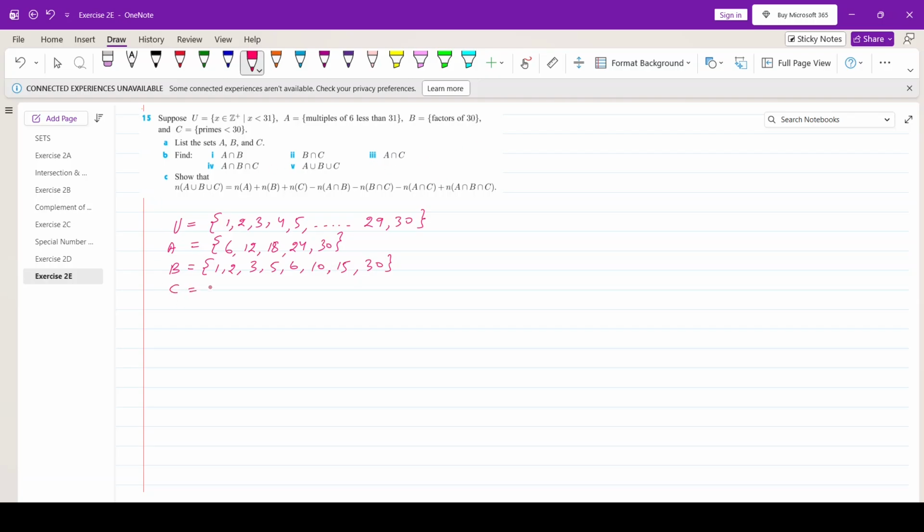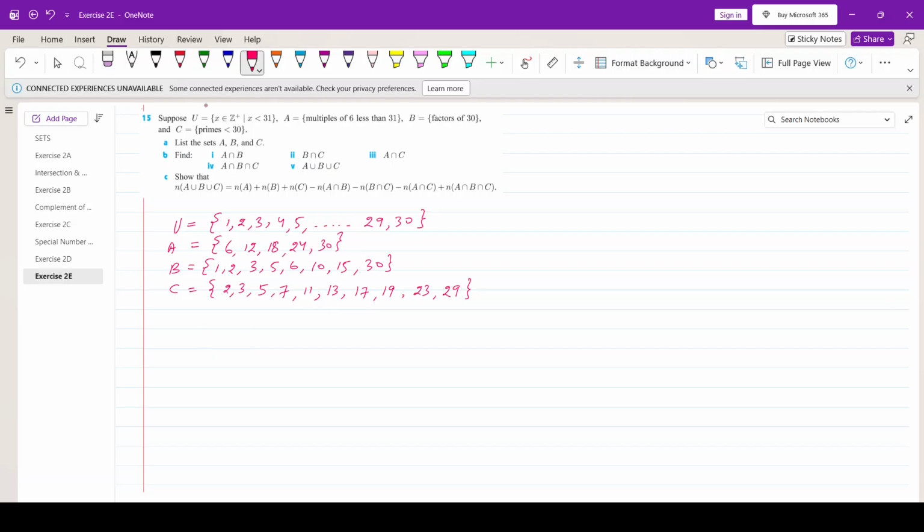And C is a set containing prime numbers less than 30. So prime numbers less than 30 are 2, 3, 5, 7, 11, 13, 17, 19, 23, 29.